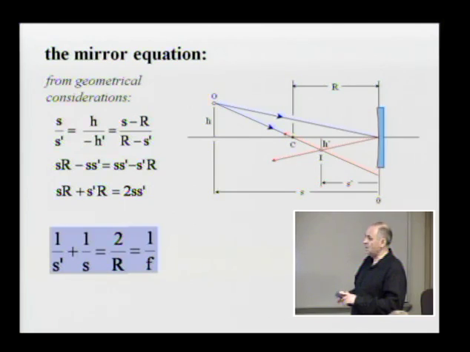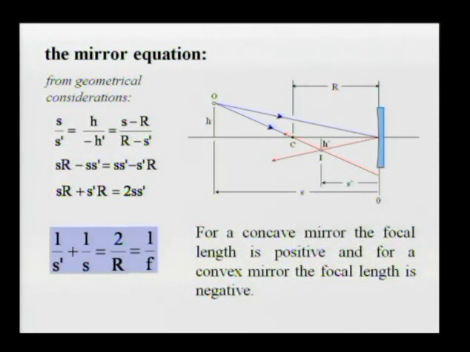All right. Now if the mirror is concave, so it's a mirror like this one, we say that the focal length is positive and the focal point is in front of the mirror.